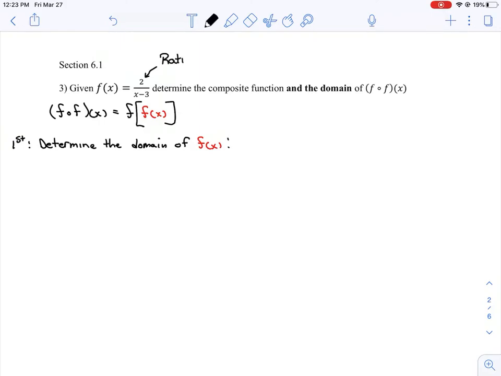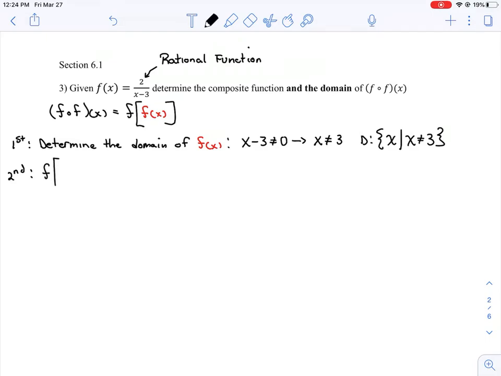If you look at the function, this is a rational function, which means that the denominator cannot equal 0. Because if the denominator equals 0, f of x will be undefined. So x minus 3 cannot equal 0 implies that x cannot equal 3. So the domain of f of x is x such that x does not equal 3.